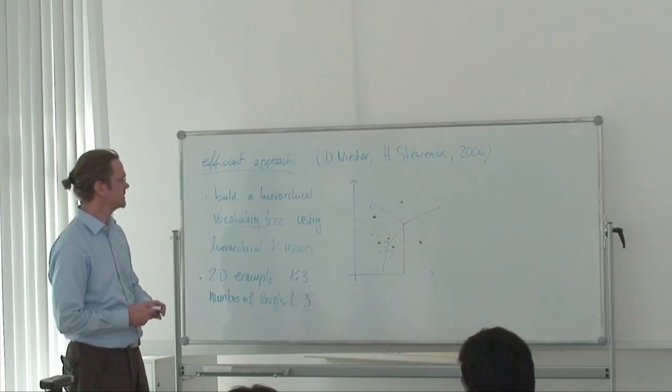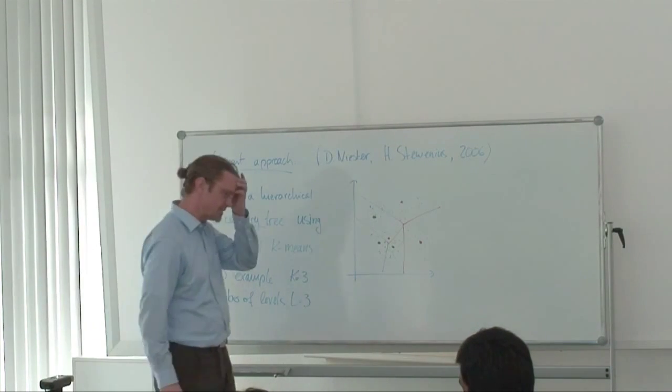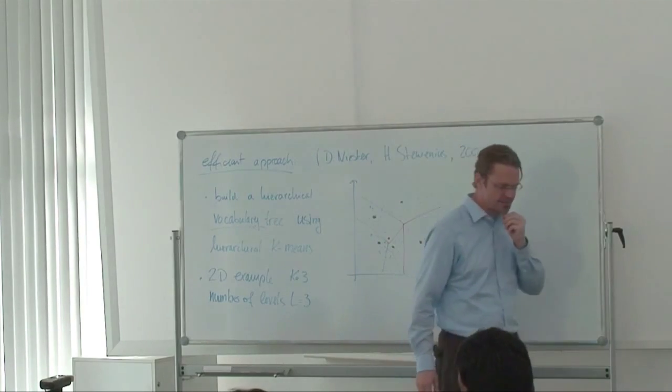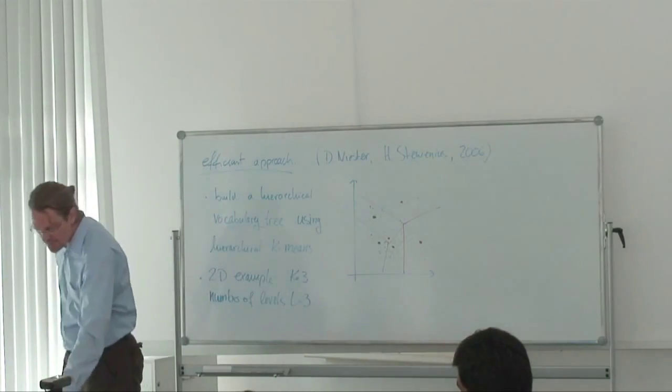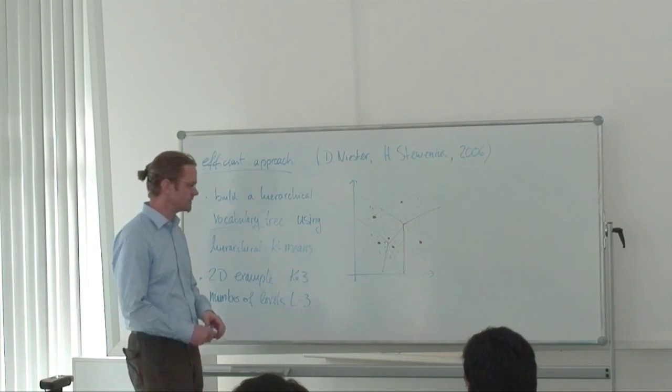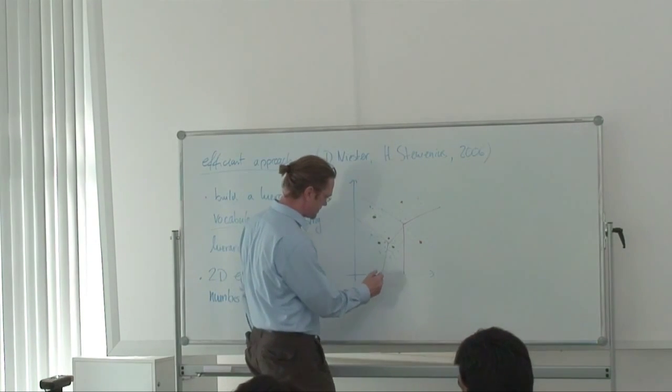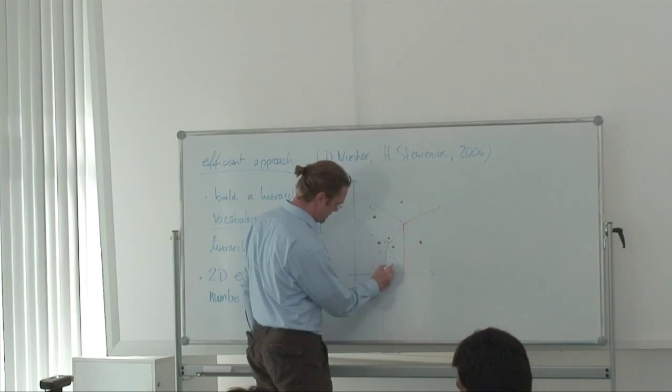Now, how can we use this to efficiently decide similarity for our incoming query vector? Say our query is here.